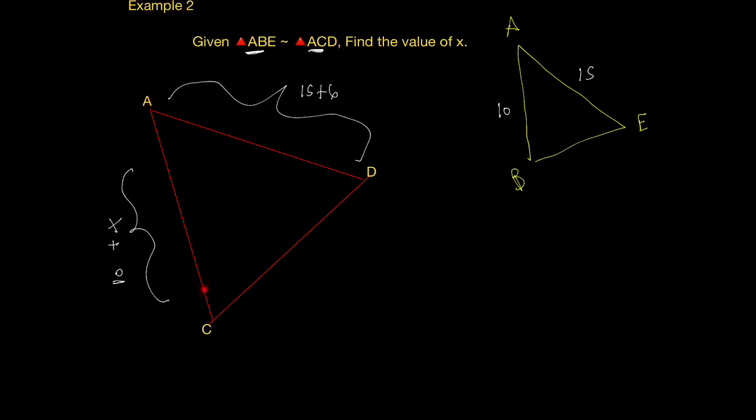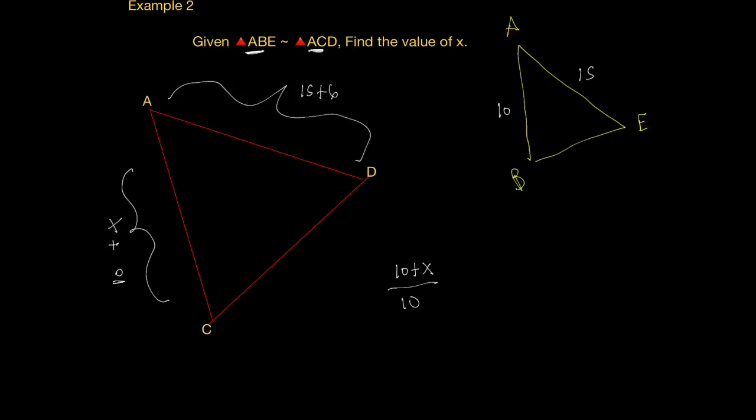So we know that AC corresponds to AB, so we can rewrite this as 10 plus x all over 10. And since the triangles are similar, this means that this ratio must equal another ratio of another pair of corresponding sides. So here I'm going to use this one, AD corresponding to AE.